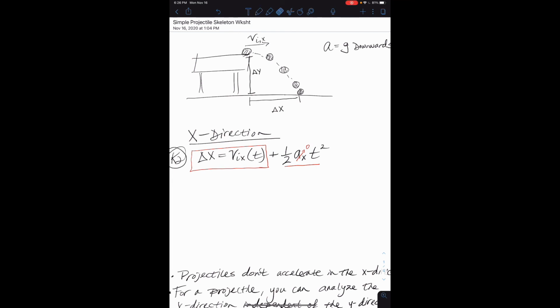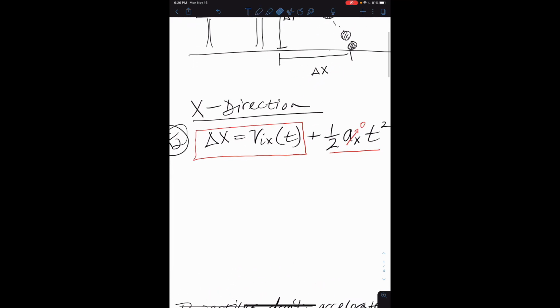Let me get a little more room here. So just like before, I'm going to go ahead and write K2. But this time I'm going to say delta y is equal to VIY times t plus 1/2 AY times t squared.